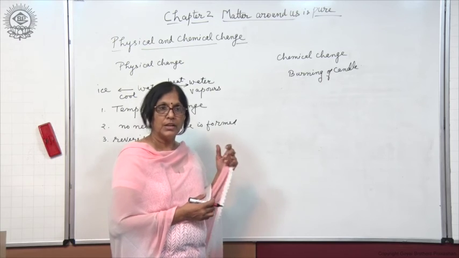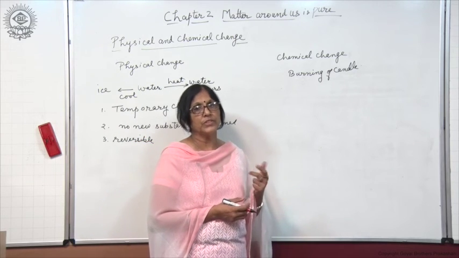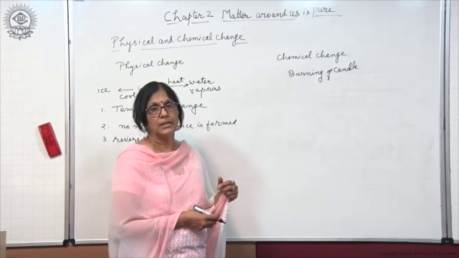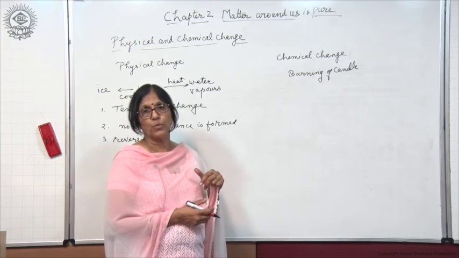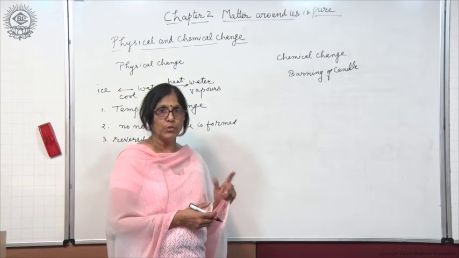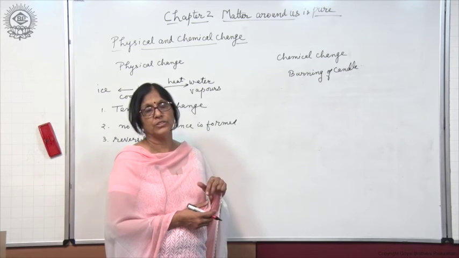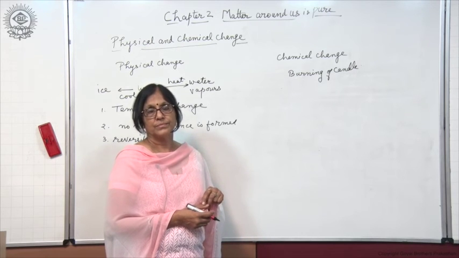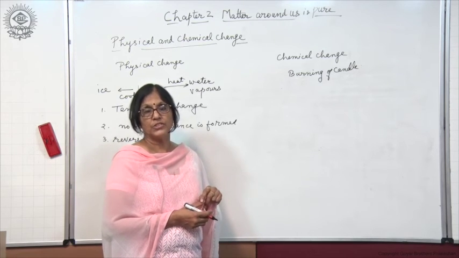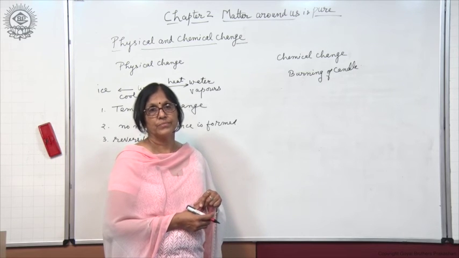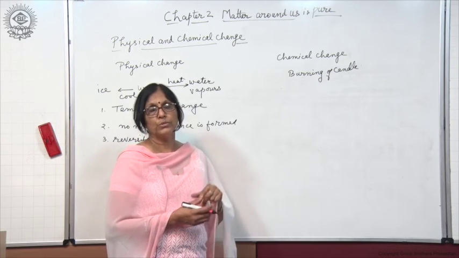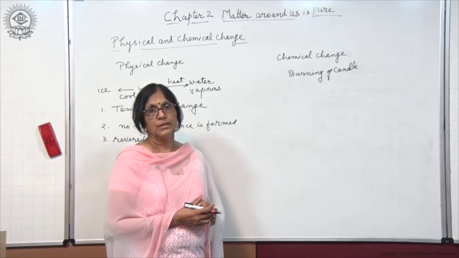Just now we studied interconversion of states of water is a physical change, but when electric current is passed through water, it decomposes into hydrogen and oxygen gas. Now, this is a chemical change and not a physical change, decomposition of water into hydrogen and oxygen.